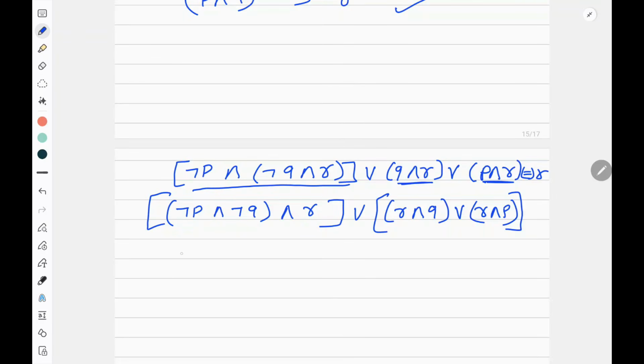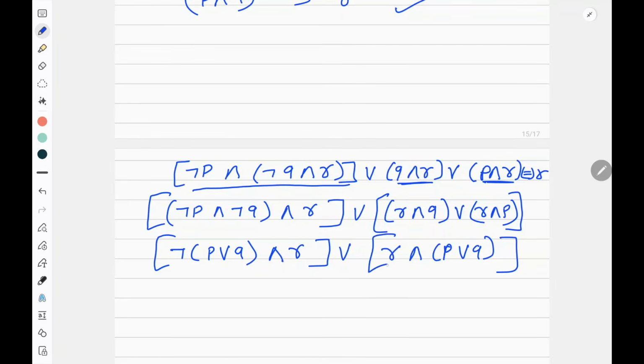Now here apply De Morgan's law, negation P or Q and R, or here I can see this R is being distributed between P and Q. So R and P or Q. P or Q or Q or P, then you can apply commutative and make it the same.